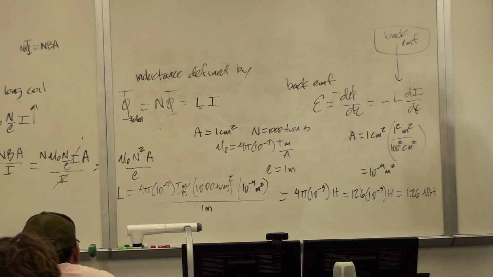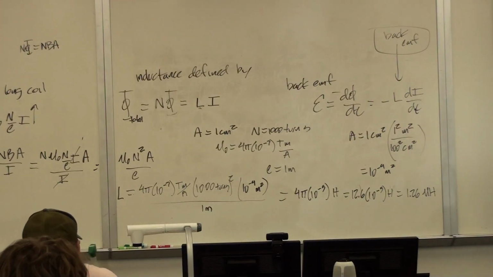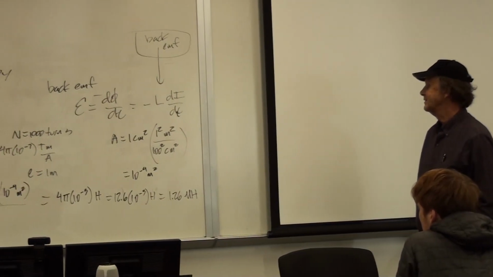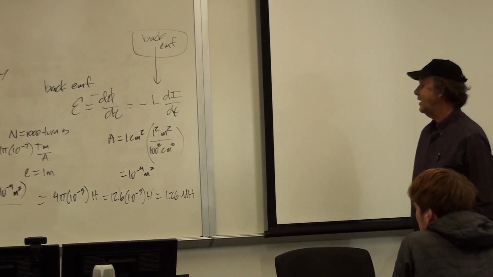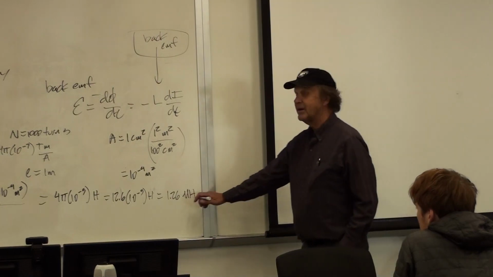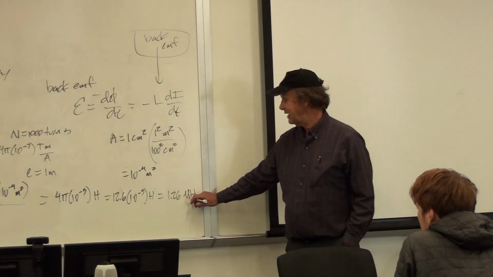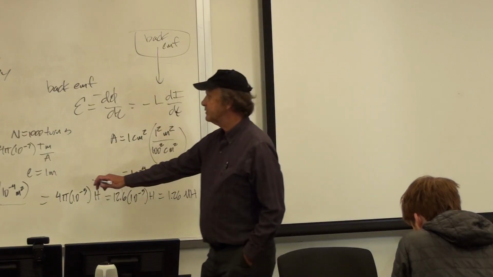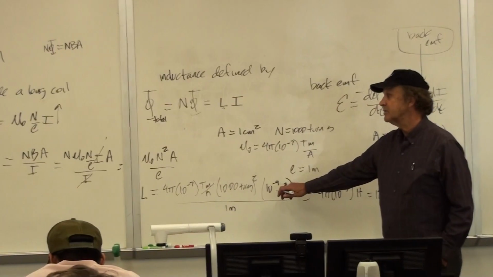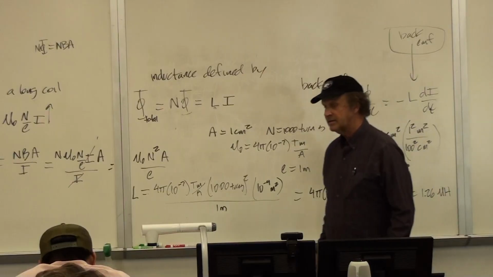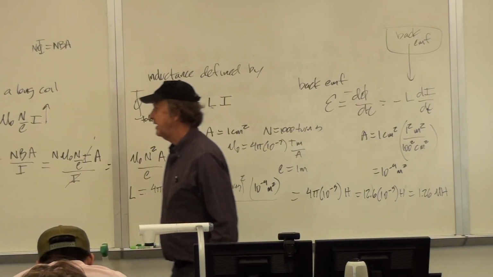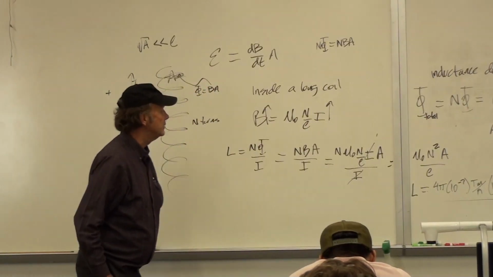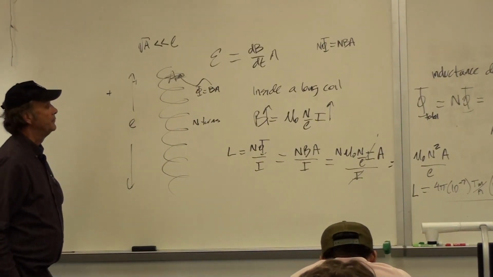Okay, so typically these values, even with a 1 meter long coil, are relatively small numbers of henries. Okay, that is the way that you would calculate it for a specific example, which is a commonly used inductance technique, is to just use a long straight coil.